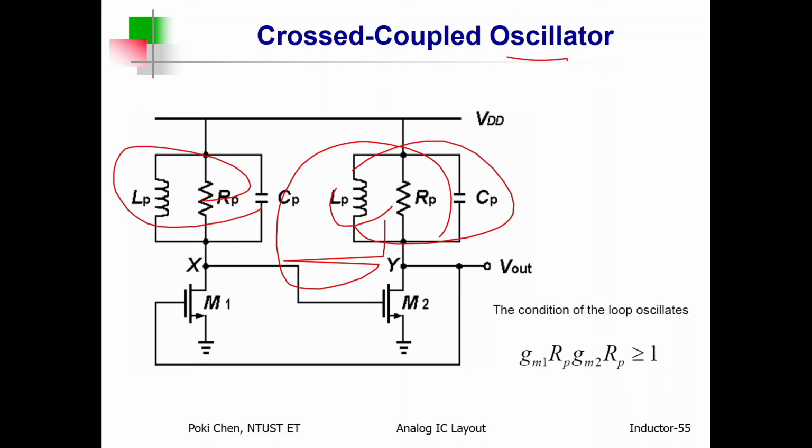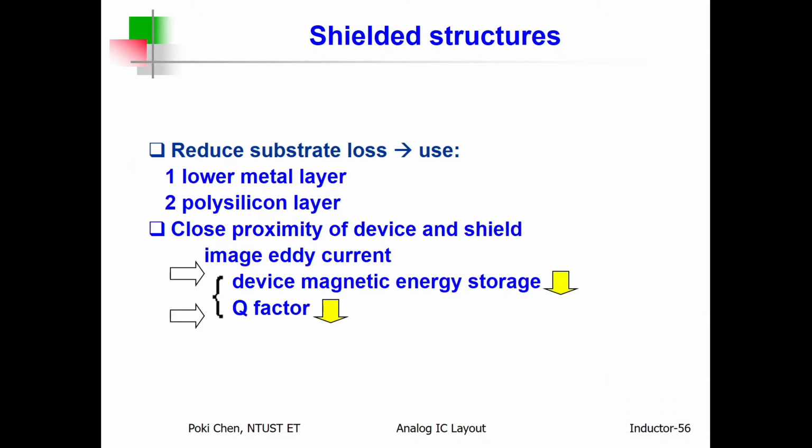Okay, the better the inductor layout, the better performance you can get for such kind of cross-coupled oscillator. Not limited to oscillators, even for LNA, for mixer, blah blah blah, all of them. The better the inductor, the better the performance for all those RF circuits.